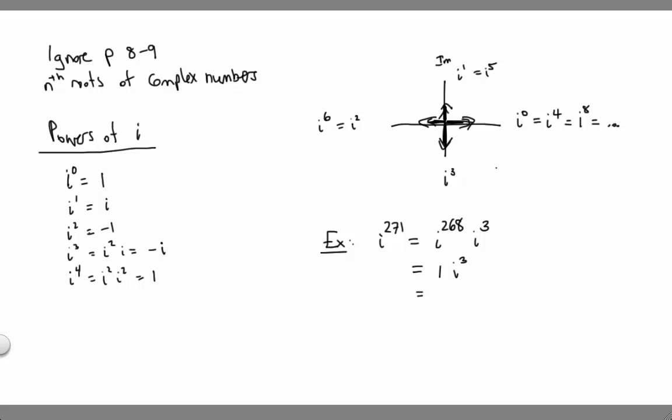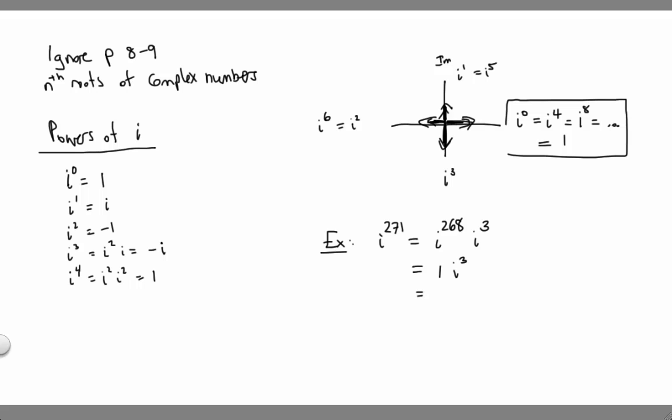So let's go back to our diagram here. I just want to really clean this up, and then we'll come back to this example once we've figured everything out. So what we're saying bottom line is that i to the 0, i to the 4th, i to the 8th, etc., all of these are better expressed as 1.